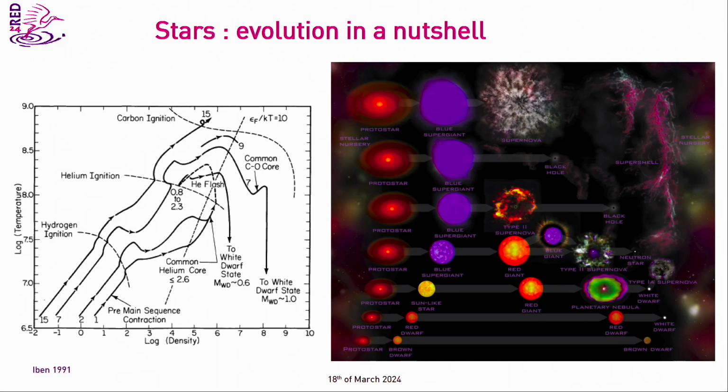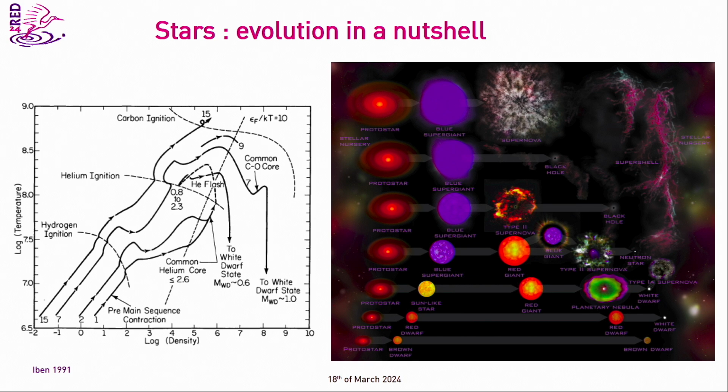Here you have a more physical diagram that shows it. You have the density in logarithm in the core of the stars, the temperature in the core of the stars, and here you have the evolutionary paths of stars of 1, 2, 7, and 15 solar masses. And what you see here is the curve of hydrogen ignition, the famous Gamow window that I showed you in blue earlier.